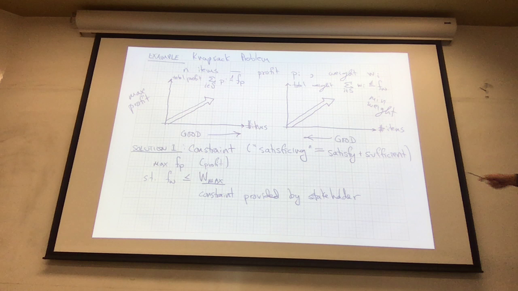And the alternative to that would be, maybe I want to maximize this quantity. So both of these are sort of targets. This is sort of saying, I really want to hit this profit target, and I am totally happy with going over that. But I really need to be under this weight target. And so that is a way of combining these two things together.